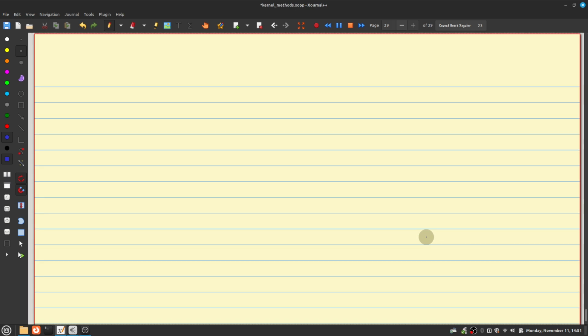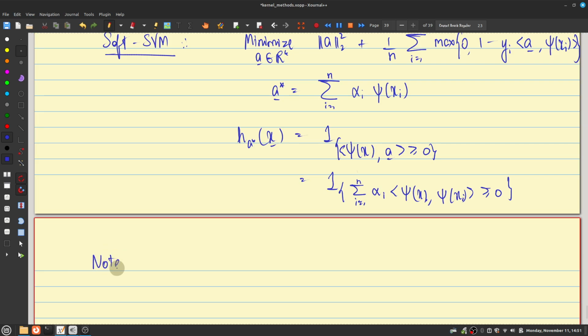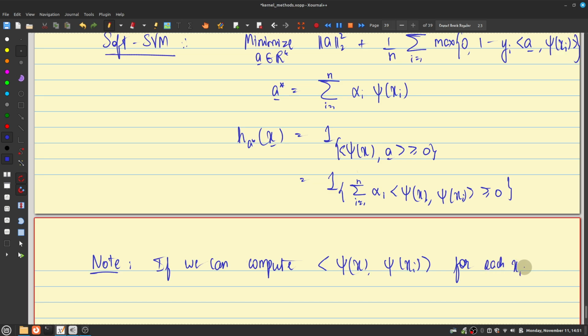But if we can efficiently compute the inner product between psi of x and psi of xi, for each x1 through xn and every x, in a computational complexity which is much less than k, then it's good.